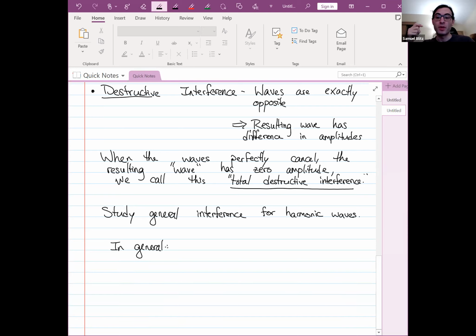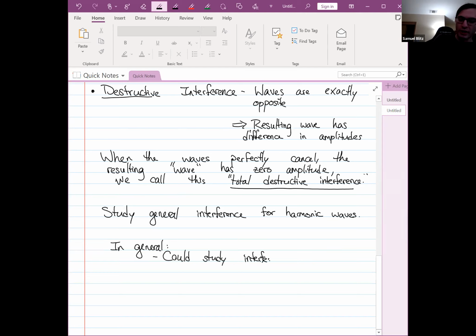For example, if the 2 waves have different frequencies, i.e. their periods are different, then because the wave speeds are the same, since we're assuming these waves travel through the same medium and are the same type of wave, their wavelengths would be different as well. Remember that wave speed is wavelength times frequency. So if the frequency is different and the wave speed is the same, then the wavelength is also different. So we could, in principle, study interference of waves with different frequencies.